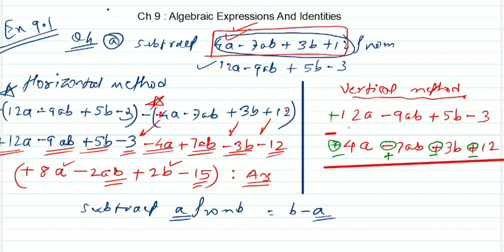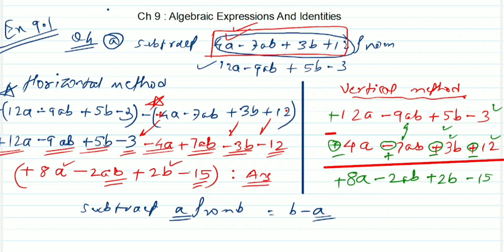Now 12a has a positive sign and 4a has a negative sign, two signs are different, so subtract and give the sign of the bigger number to the answer. Similarly for these two, they have different signs. Subtract, 9 minus 7 is 2, give the sign of the bigger number to the answer. Similarly for plus 5b minus 3b, different signs, subtract and give the sign of the bigger number. And minus 3 minus 12, same sign, add and give the same sign to the answer.